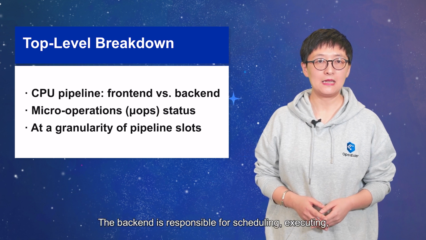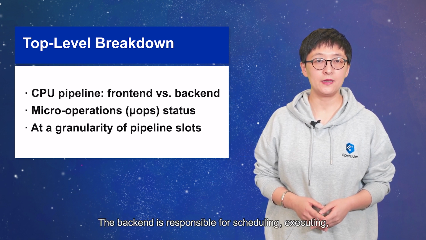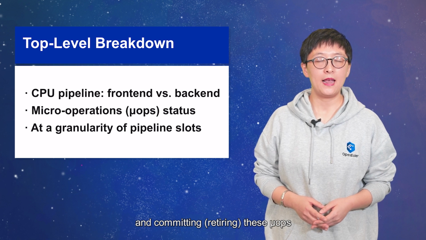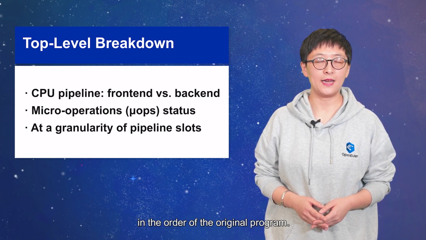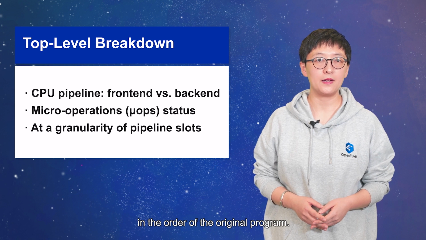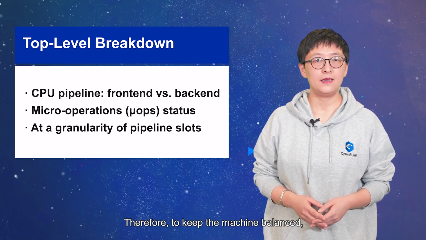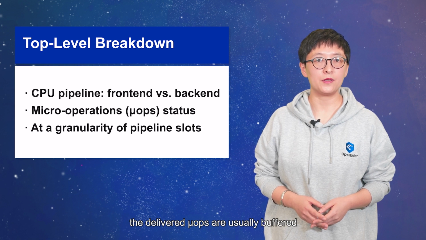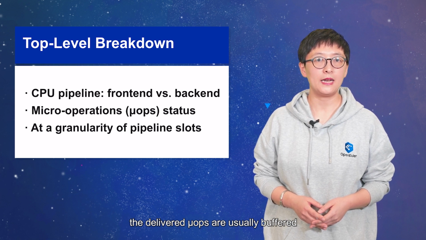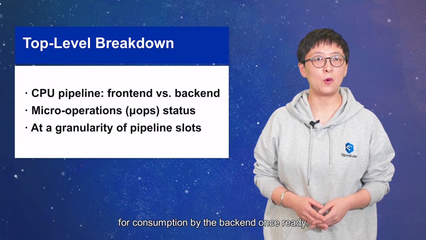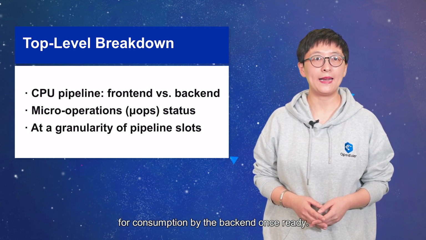The back end is responsible for scheduling, executing, and committing or retiring these micro-operations in the order of the original program. Therefore, to keep a machine balanced, the delivered micro-operations are usually buffered in some ready micro-operations queues for consumption by the back end once ready.